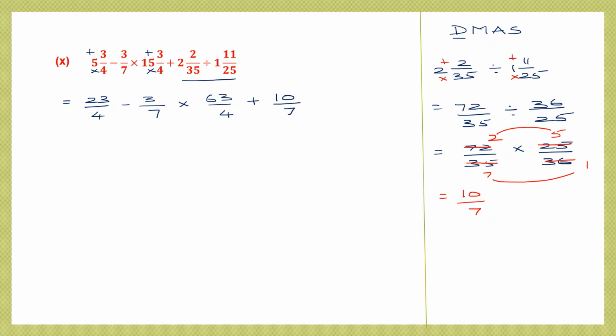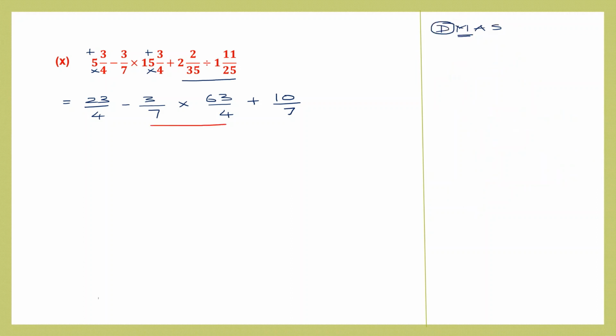So we finished division. So look at BODMAS here. Now DMAS here. D is over. Now we have to do multiplication. And where is multiplication? It is here. So let's write 23 by 4 minus. Now let's work out this multiplication. That is 3 by 7 into 63 by 4.